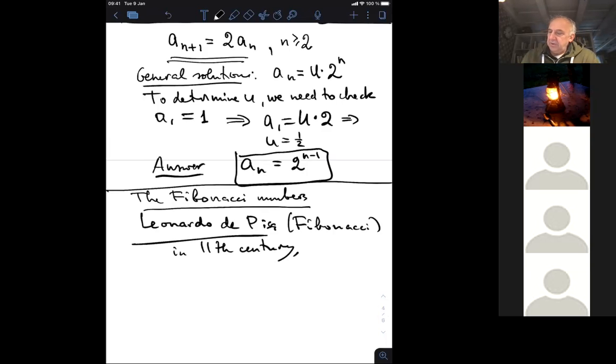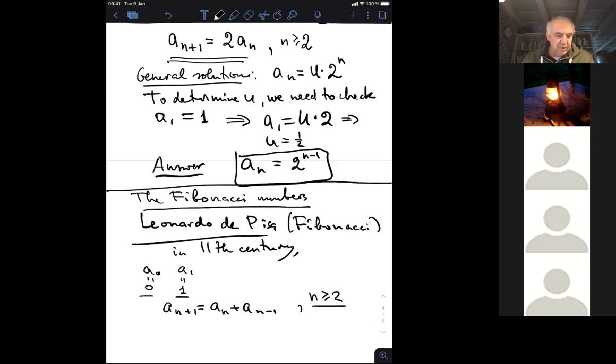So his sequence was: the 0th element was 0, the first element was 1, and then after that you have the following recurrence, that the next element equals the sum of the two previous ones. This works for n bigger or equal than 2. So if we have these starting values 0 and 1, we can get all the rest of them.